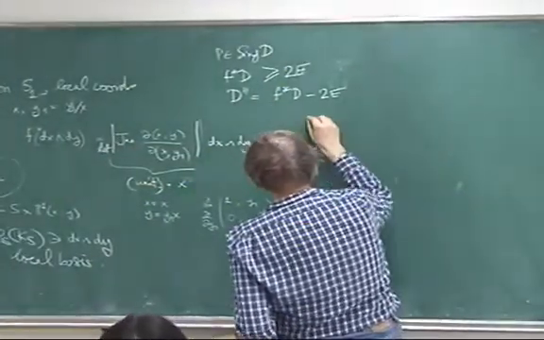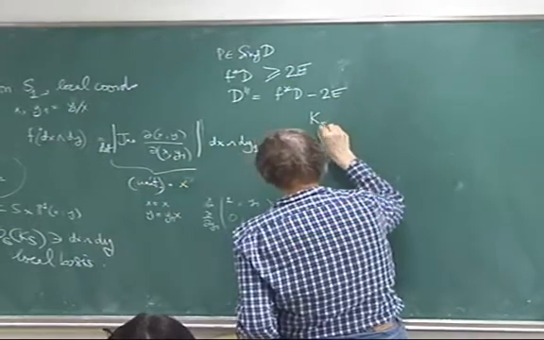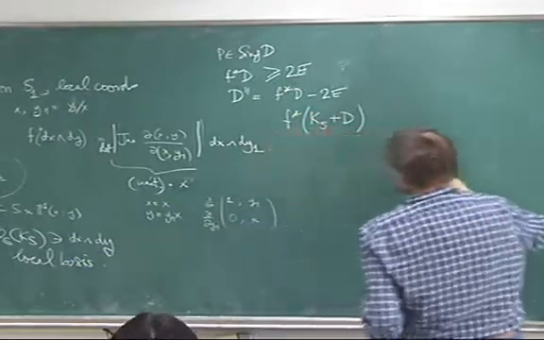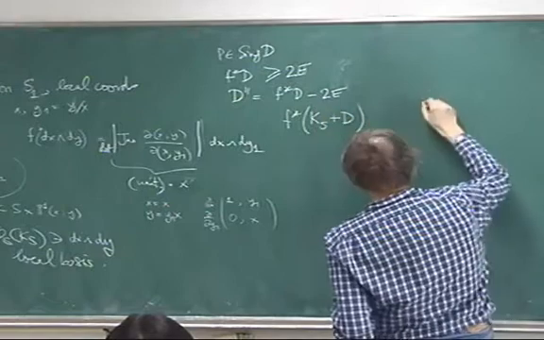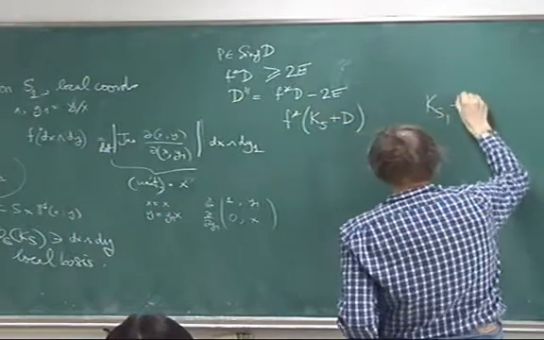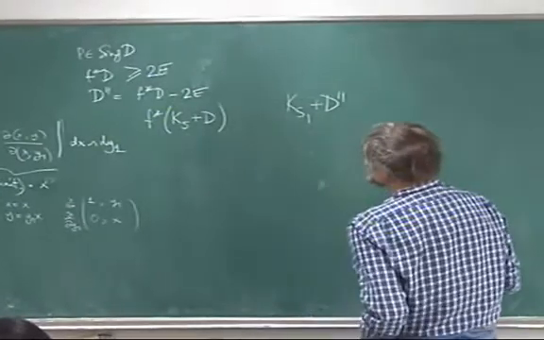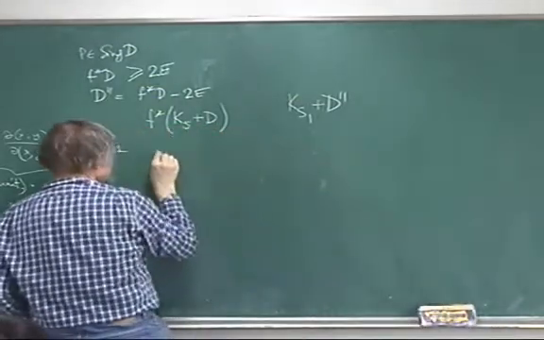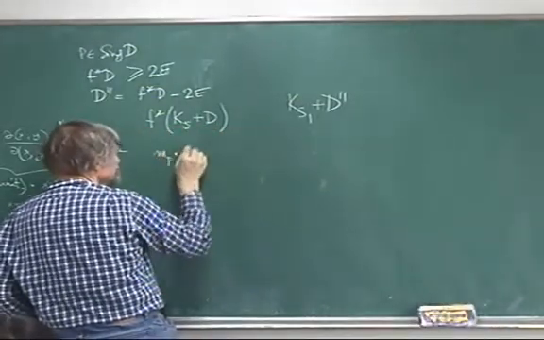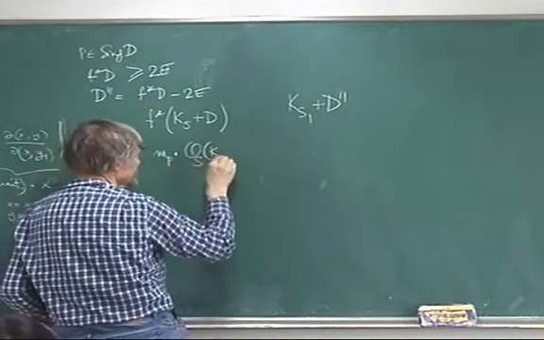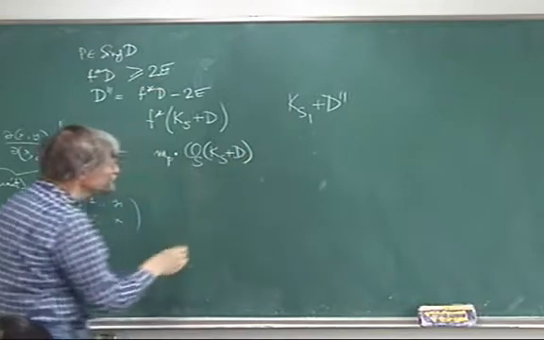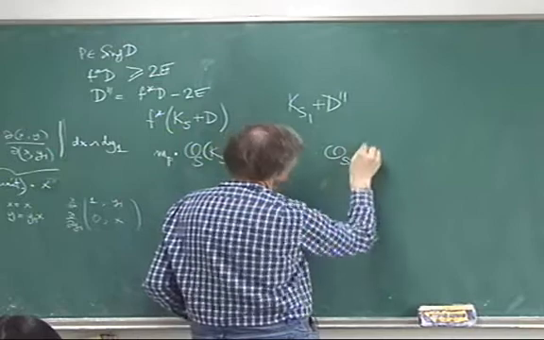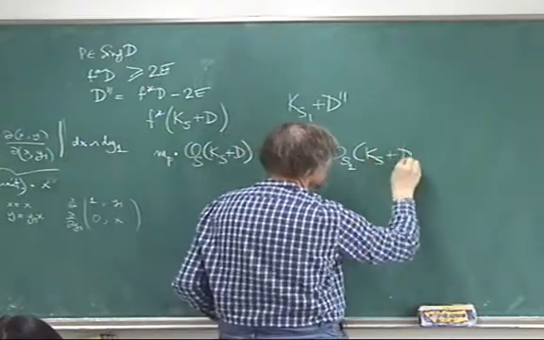Right? And so what do we have? Well, if I look at Ks plus D and take f upper star of this, and then I compare them with Ks1 plus D double primed. The thing I want to say is that MP times OS of Ks plus D is the same thing as OS1 of this Ks1 plus D double prime.